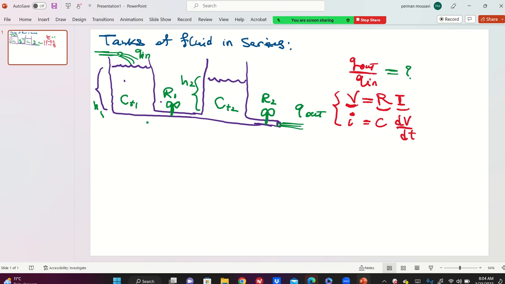For the first tank, H1 equals R1 Q in. Q is I, R is R1, and H is this.